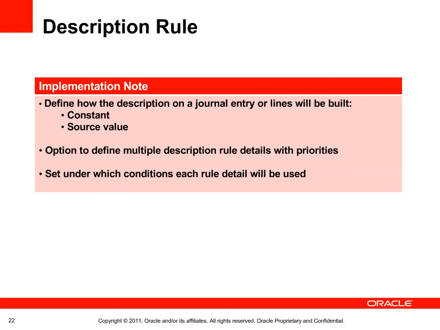You can define description rules using constants such as descriptive text and sources as transaction attributes. You can add a condition to a rule detail to set under which conditions each rule detail will be used. A typical description would be transaction type and number or customer name information.